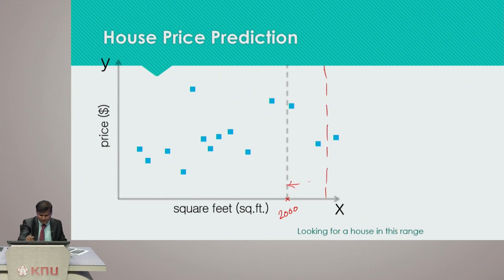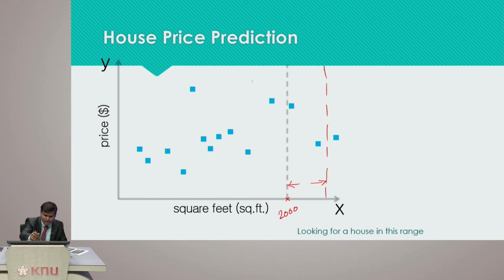We are going to take this range and try to see what price we are going to have. But again, we have only two houses displayed in our data, and from these two houses it's very hard for us to predict the actual price.